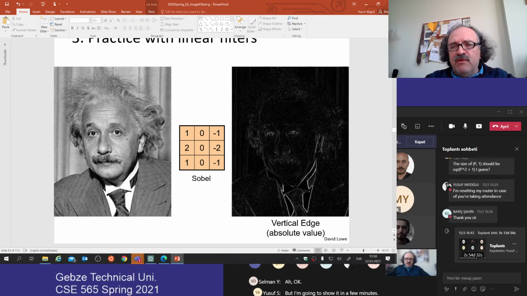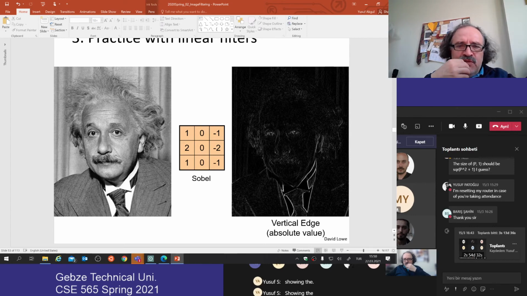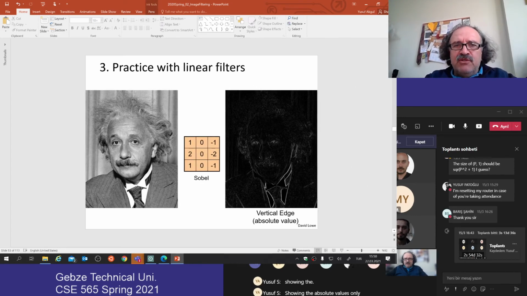They preferred not showing the negative values, but showing the absolute values only, just to show the effect. So this is a Sobel operator. Somebody invented this for edge detection, and we are going to do the edge detection in our next chapter.